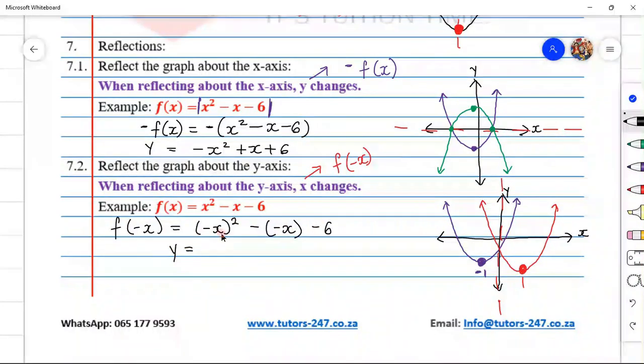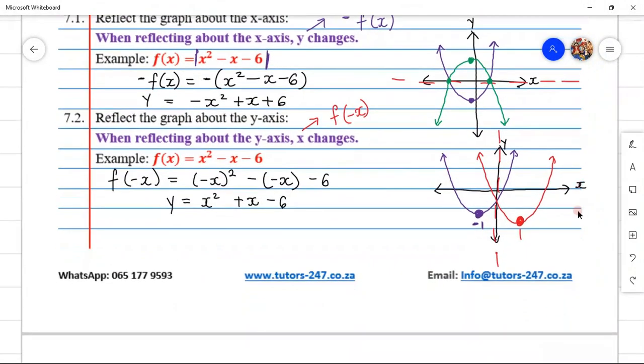Therefore, our equation is then going to be negative x all squared becomes positive x squared, because negative times negative becomes positive. This negative times negative x will become positive x, and that stays -6. So that is how we would reflect our graph about the y-axis.